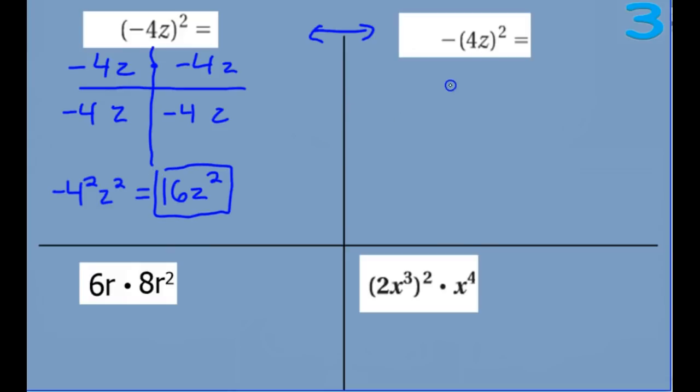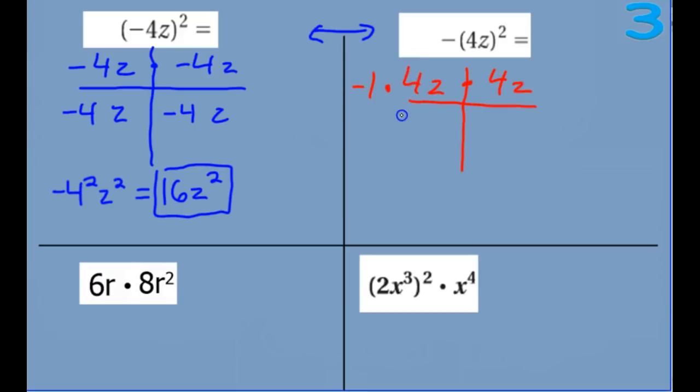Now this one over here, we have 2 4z's. So we have 4z times 4z. Now what we also have is this negative outside our parentheses. So what that's saying is really times negative 1. So we'll deal with this later, but right now we need to figure out how many 4's and how many z's we have.